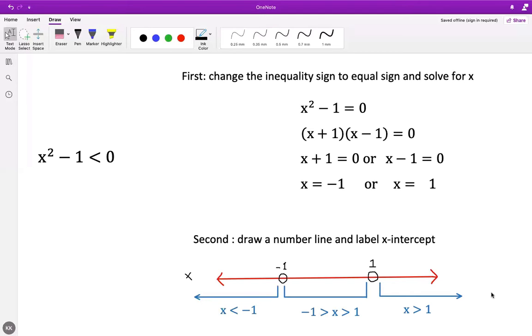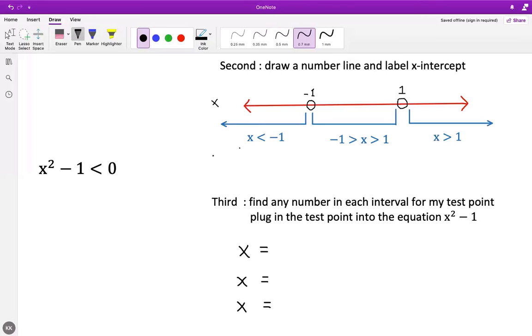So how could I figure out which is which? The next step involves finding any number in each interval as a test point, and plugging the test point into the expression x squared minus 1.